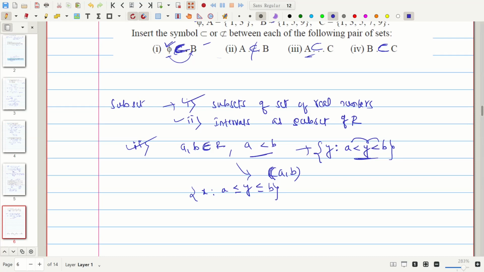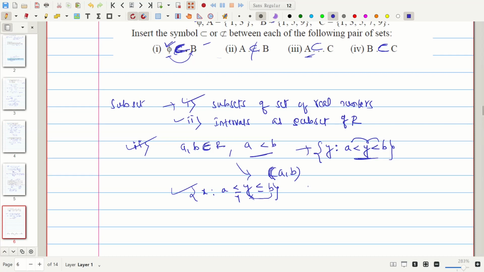In this form of set, an end condition is there. If y is equal to a, it will stop at that particular condition, and b also has an end point. If y is equal to b, then the interval will stop.